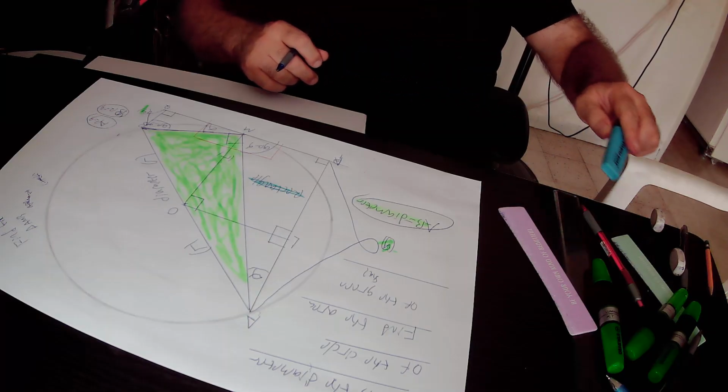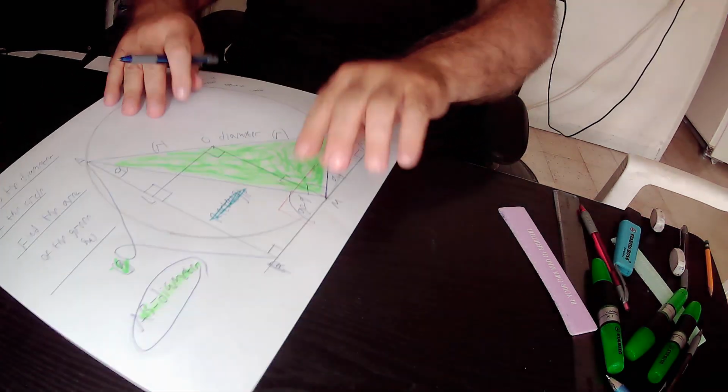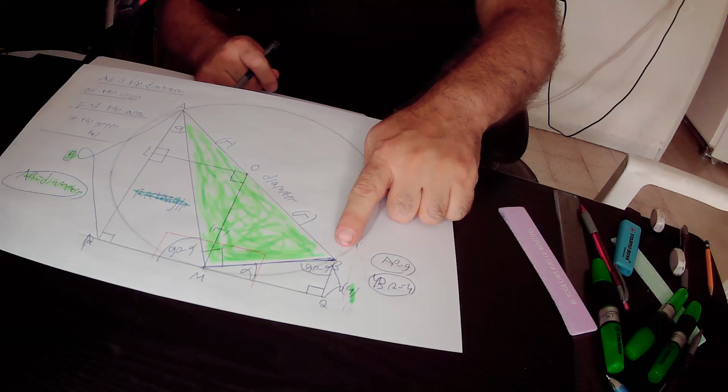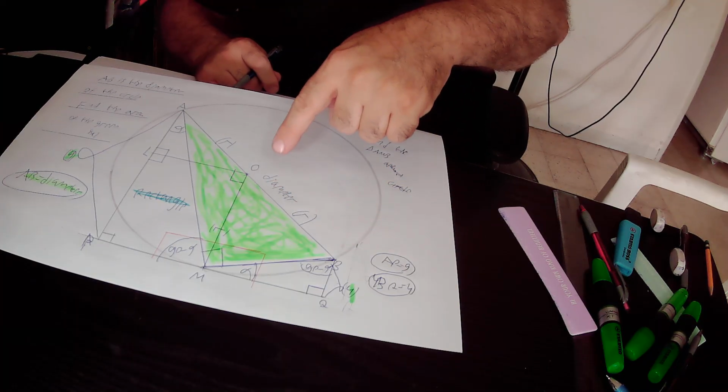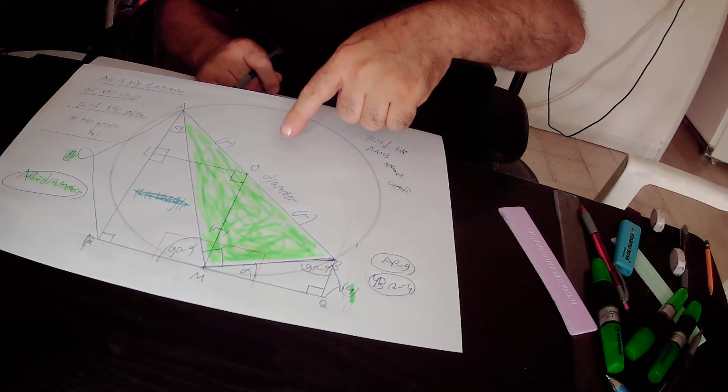In the next step, we will do another construction. That is to say, from point B, we will go perpendicular on the radius OM.